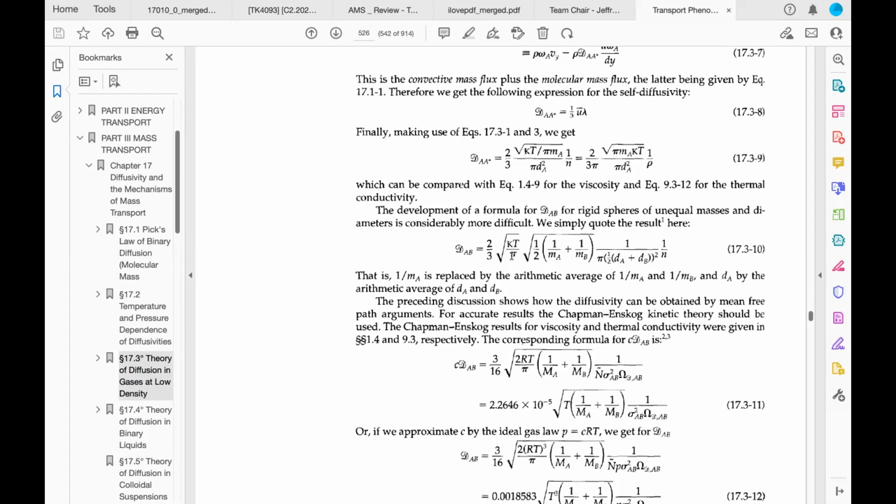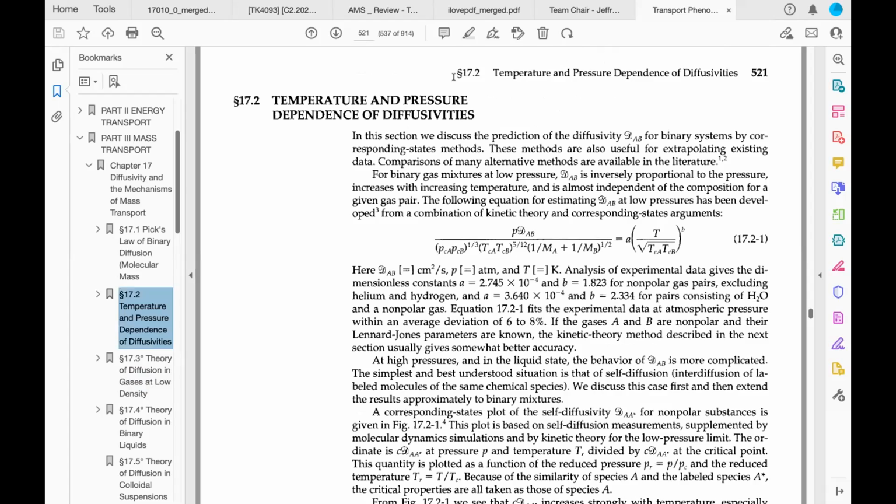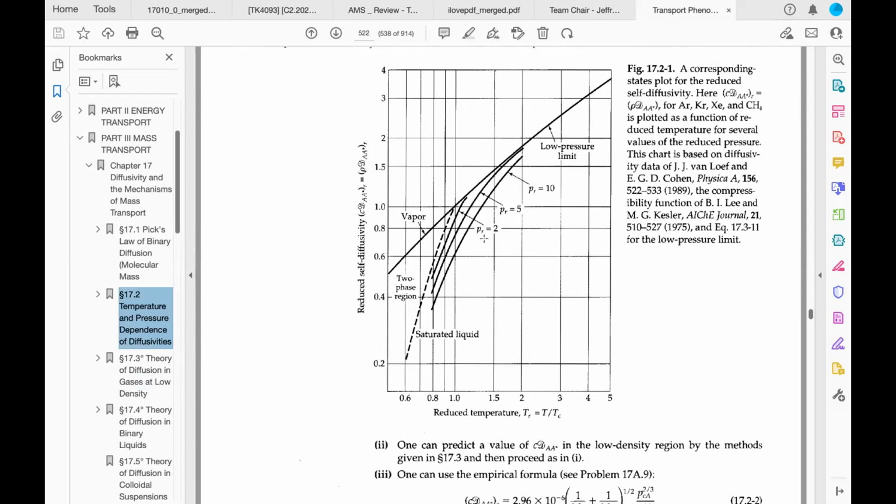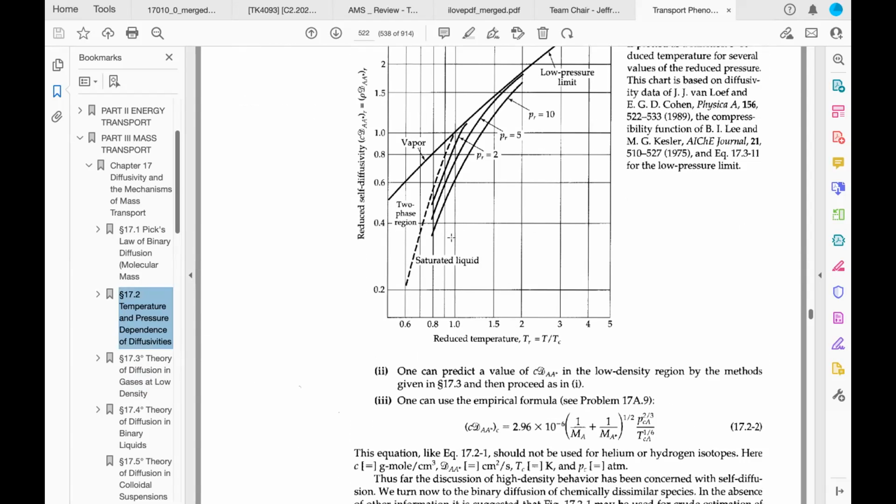But if you change to a higher temperature, of course diffusivity will also change. So it is a function of pressure and temperature. There is a correlation for that if you want to see, but for the exam purpose, we will just pick the value and give it to you. But of course, you need to know how to get the diffusivity.